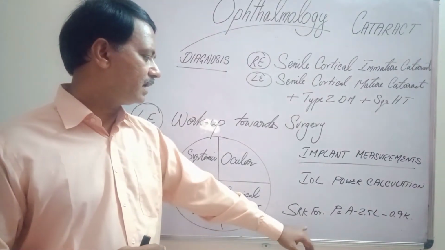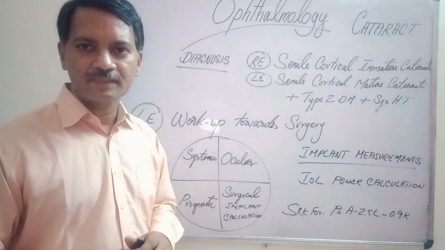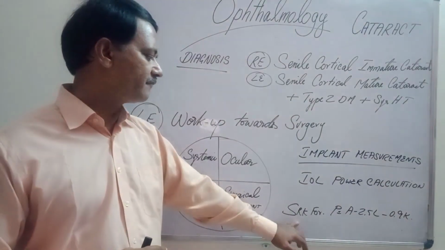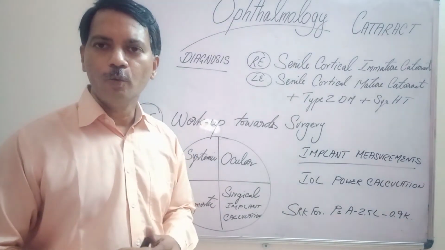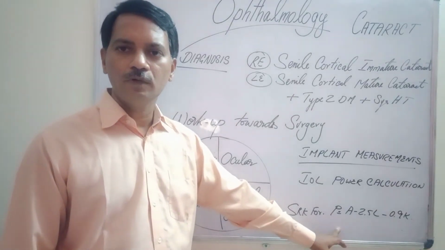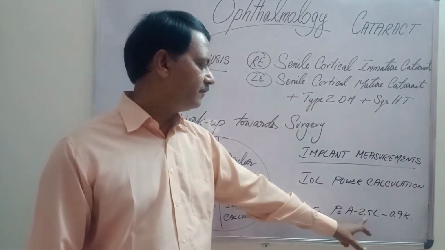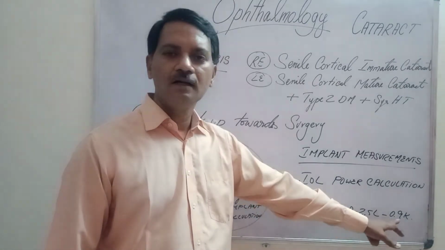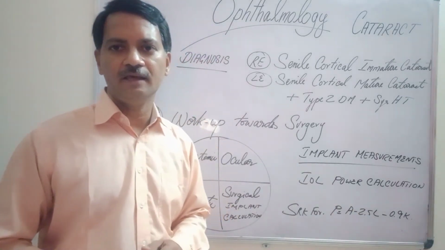Don't mistake it for a cine actor. This is the Sanders-Retzlaff-Kraft formula, which says that power of the IOL is equal to A minus 2.5L and minus 0.9K.